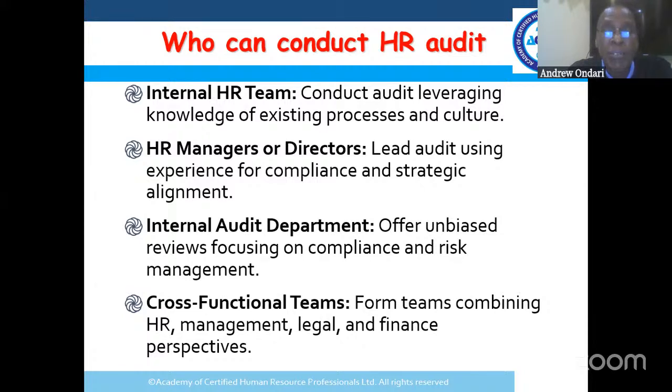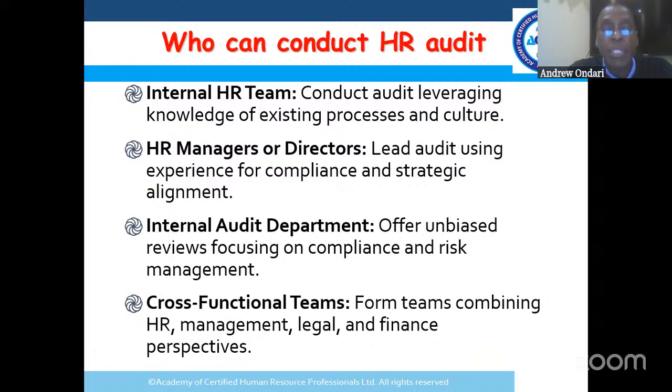Now that we are going to be certified at the end of this program to be HR auditors, you can train others. You can become a trainer of trainers in other departments so that you can form these cross-functional teams to assist in conducting the audit.